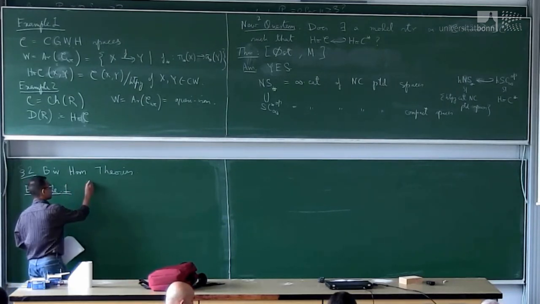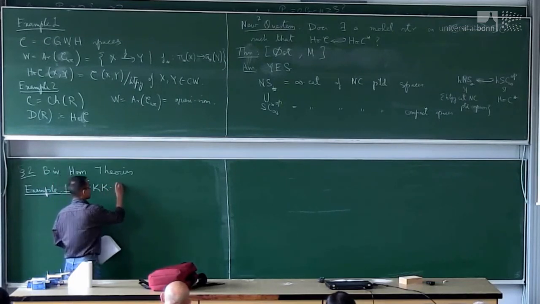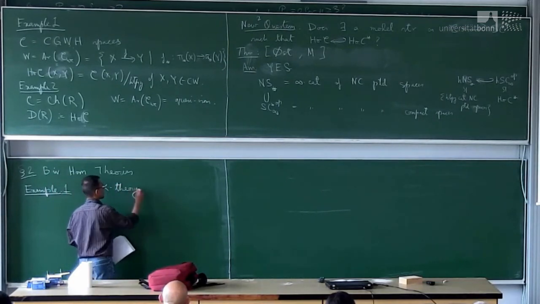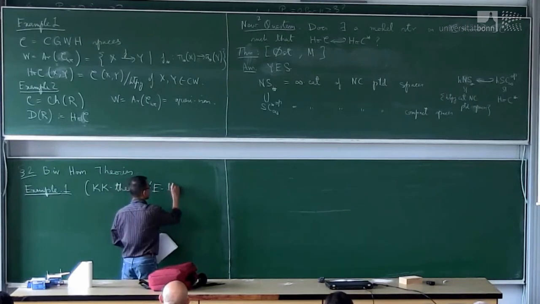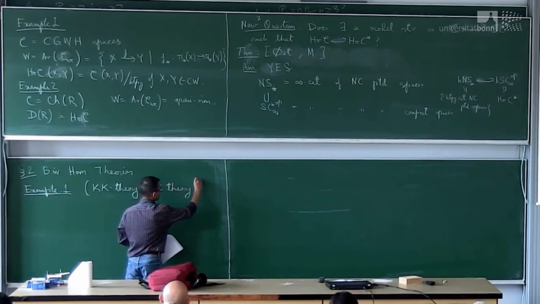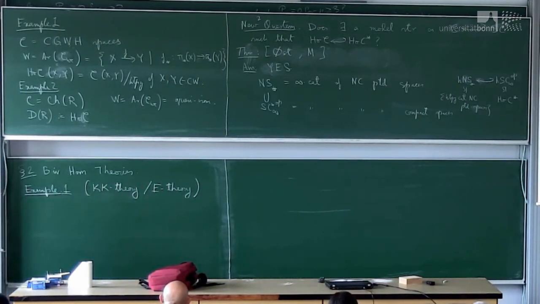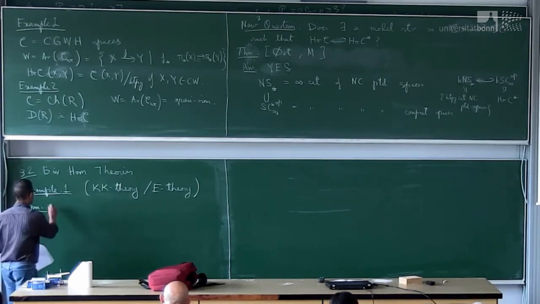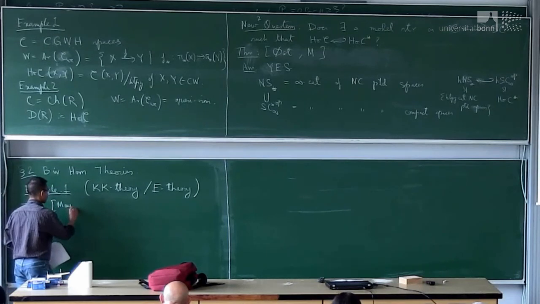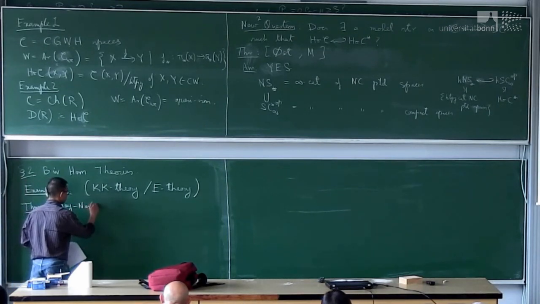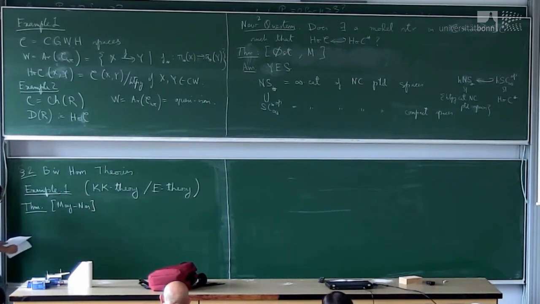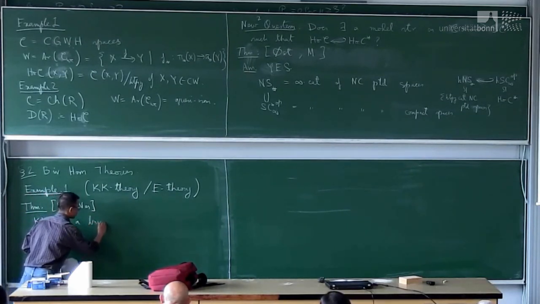So the first example is actually KK theory. However, it is not really KK theory, it's E theory that I have in mind, but I am deliberately going to confuse between the two. And a often quoted and cited theorem of Meyer and Nest is that this category KK is a triangulated category.